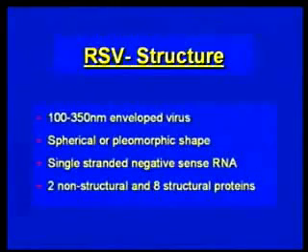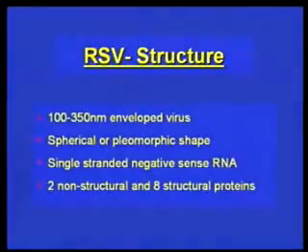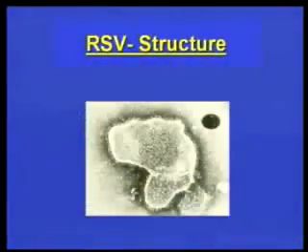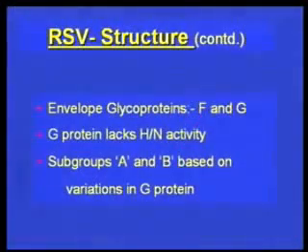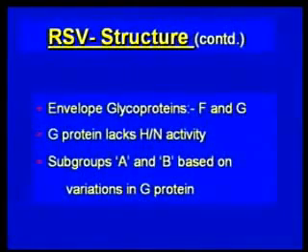Sharing some of the features of the other parainfluenza viruses are the size and the internal structure, but what is a little different in the RSV is the presence of the fusion protein with the absence of the HN protein. So the glycoproteins on the envelope are the G and F proteins, and the G protein does not have the HN activity, so it's not an HN protein. And the subgroups are defined on the basis of the G protein.